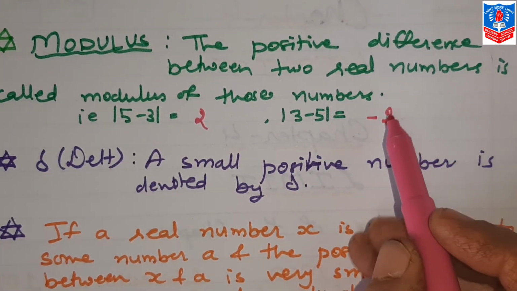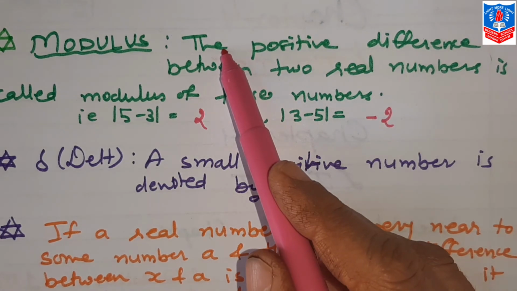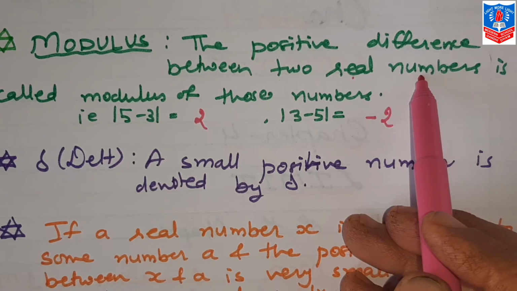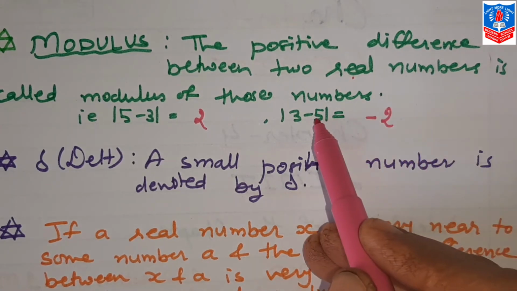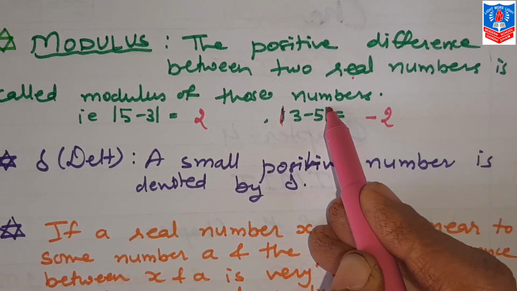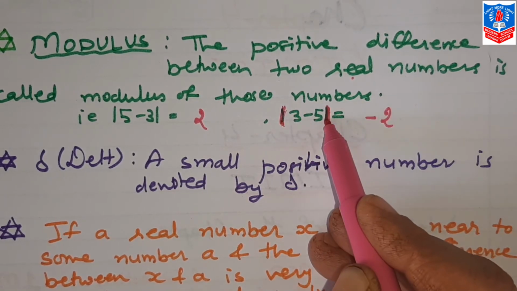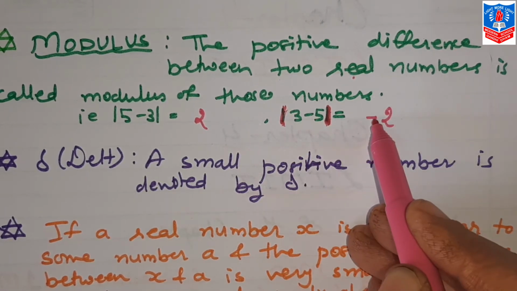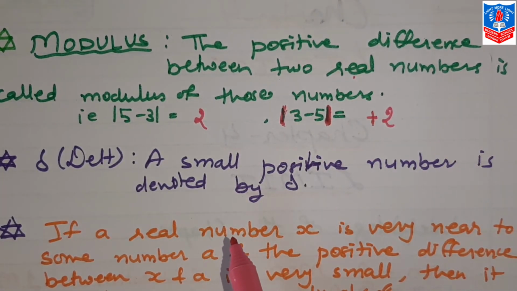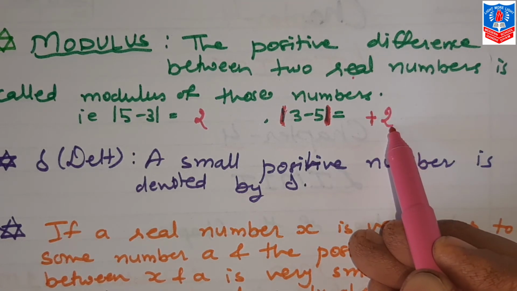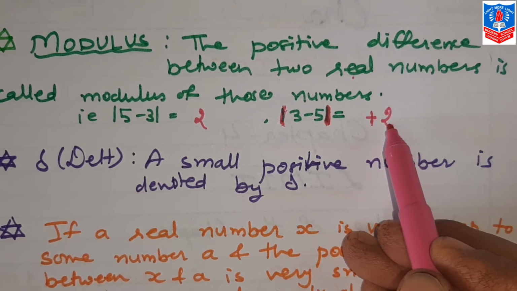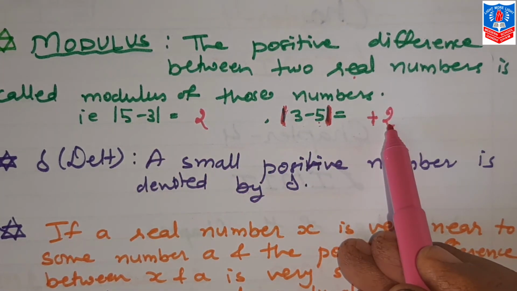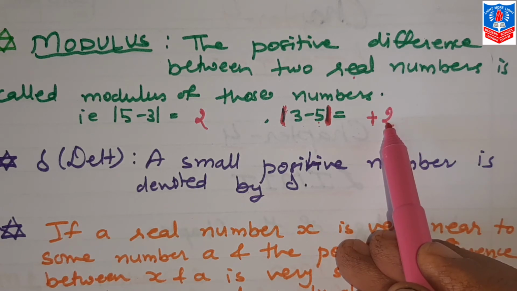But when it is in modulus form, you can see it is the positive difference between 2 real numbers. This is the sign of modulus, these 2 straight lines this way. Whenever we find it in modulus form, it is always a positive number. So this will never be minus 2, it will always be positive 2. Yes, 5 minus 3 gives only 2, but even 3 minus 5 also gives plus 2.